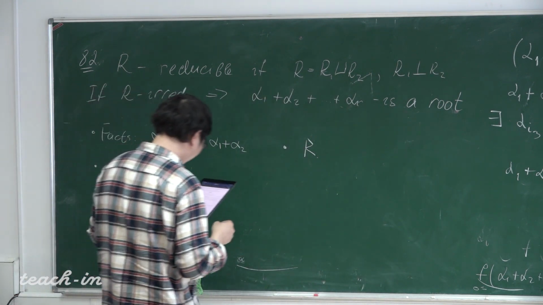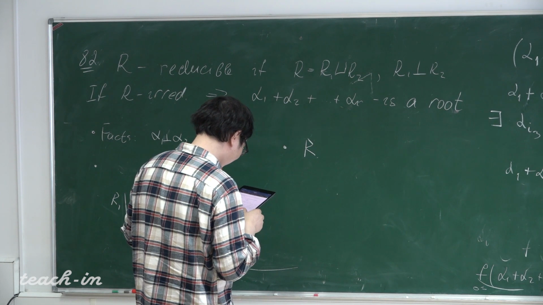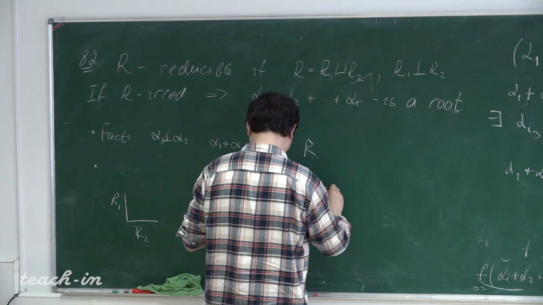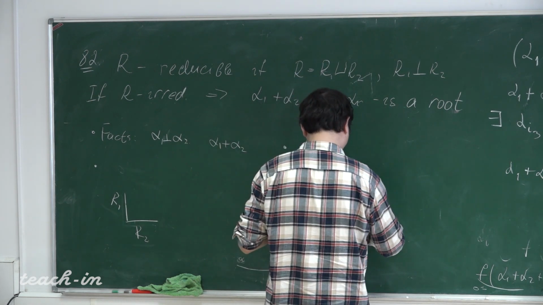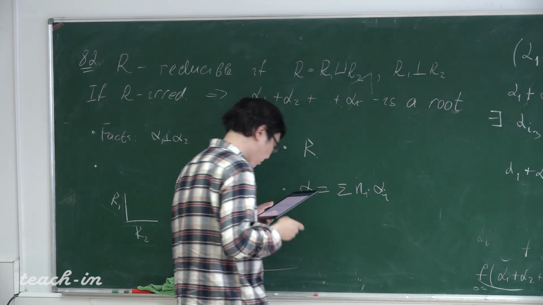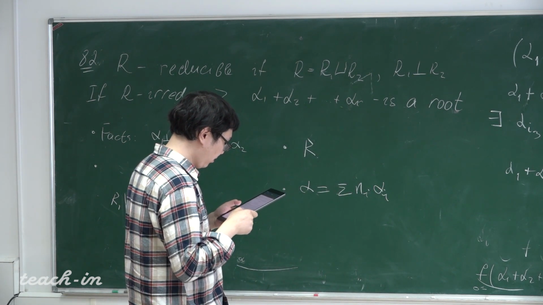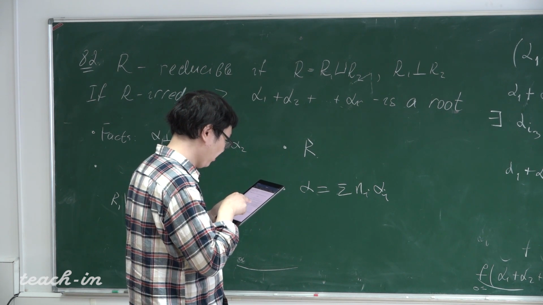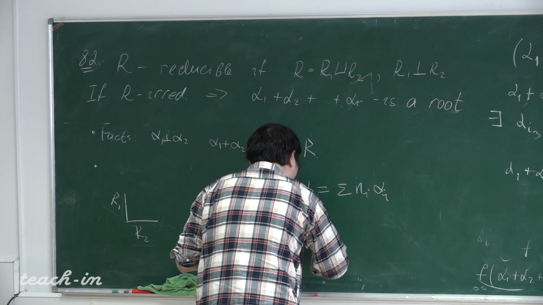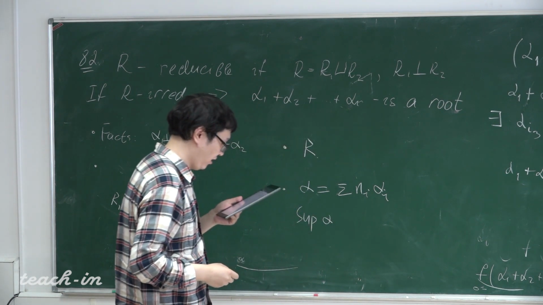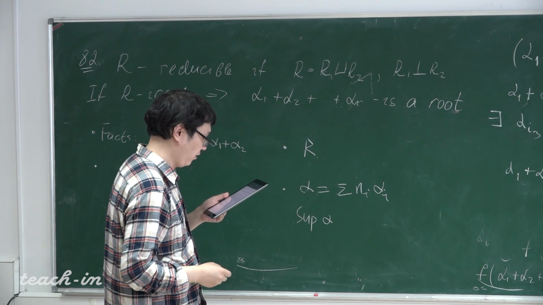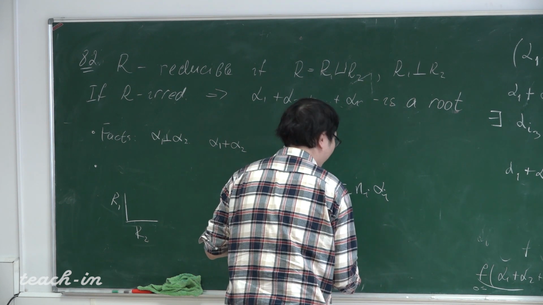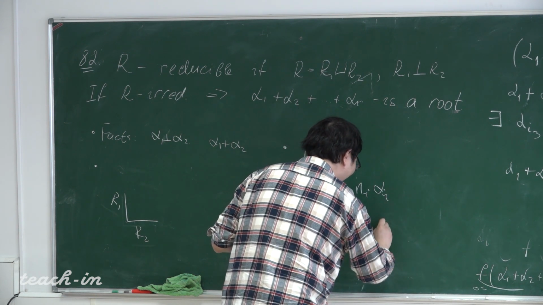I think that almost proves these things. First we choose, and suppose the support can be written as a disjoint union of two non-empty sets.